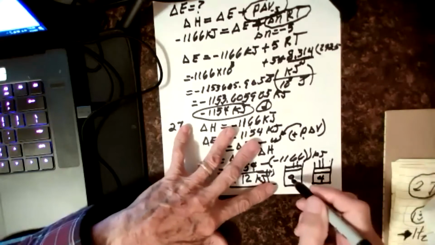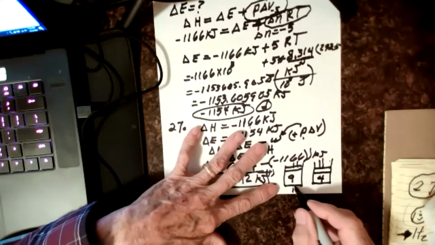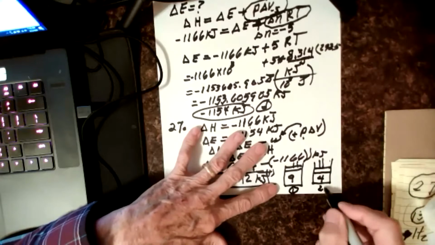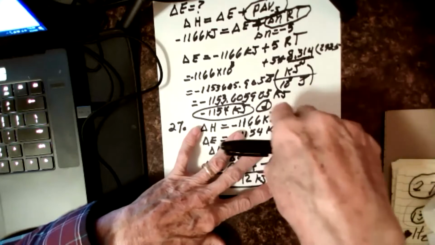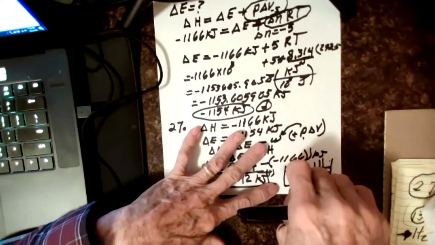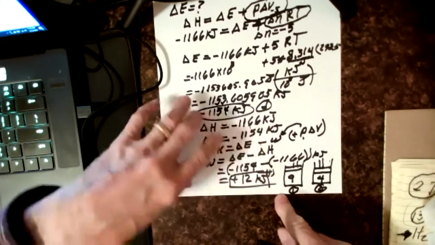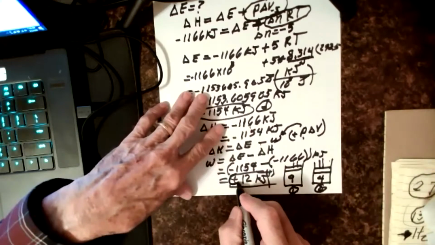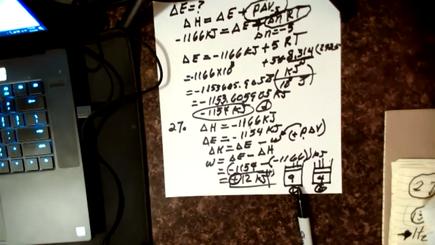Now I'm looking at that picture and I'm seeing that in getting from the initial state to the final state, the piston had to go in. So the atmosphere pushed in on the piston, meaning the work went into the system. Anything going into the system is positive. So if I made a screw up and put the signs in backwards over here, I would have got the negative 12.